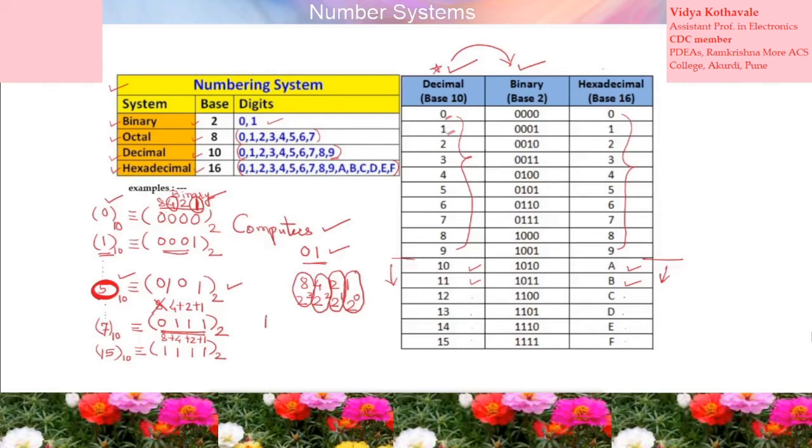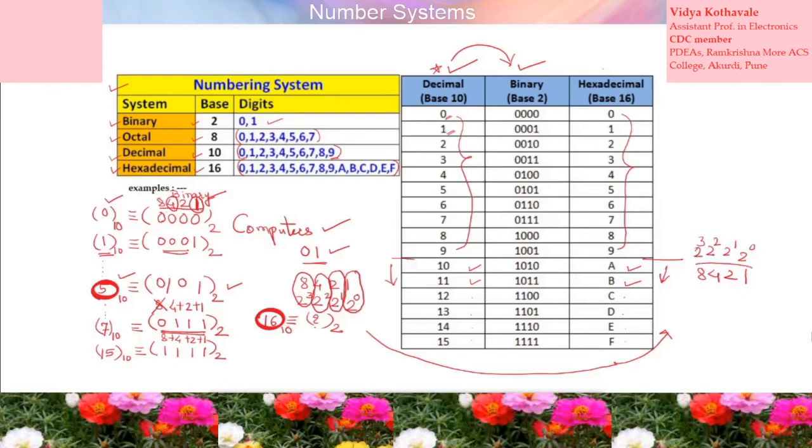Now next, if decimal 16, its binary equivalent is equal to what? In that case, we continue over here. 8, 4, 2, 1, 2 raised to 0, 2 raised to 1, 2 raised to 2, 2 raised to 3.